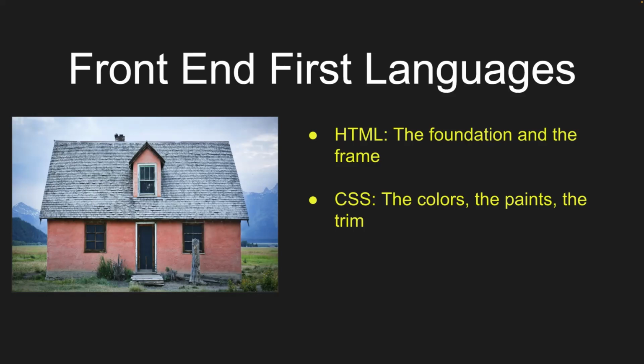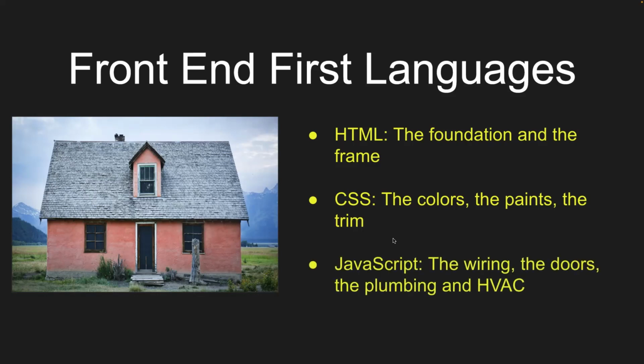And you'll learn that as well, if you don't already know it. And then JavaScript, that is kind of like the language of the front end. So that's the doors, the plumbing, the HVAC, everything that gives the house functionality. That is kind of what JavaScript is. That's how HTML, CSS, and JavaScript fit together to make up web applications.